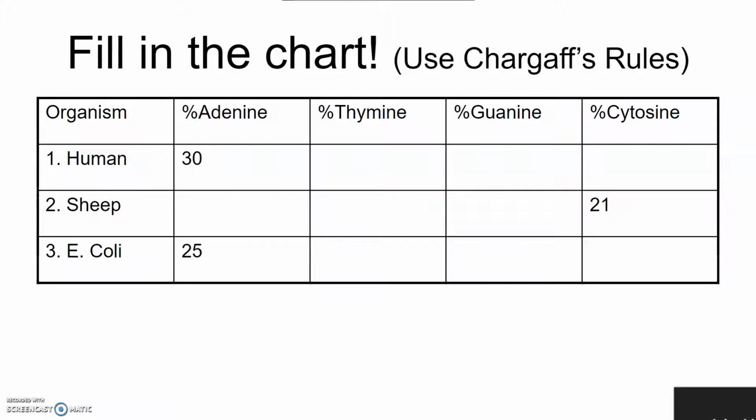But remember, it has to add up to 100. When you take 60 away from 100, you're left with 40. You still have guanine and cytosine. Whatever G is equal to, C also must be equal to. So if you take that 40% and divide it by 2, you'll get 20 and 20, which you can see in this chart. If you find one piece, whether it's G or A, then you're able to fill in the rest of the chart.